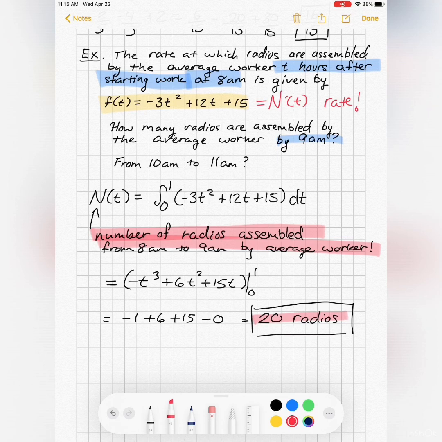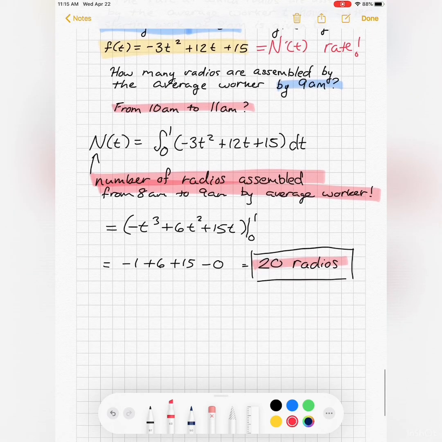Okay, and there was one more part. It said, what about from 10 a.m. to 11 a.m.? Okay, so that's the same thing, but now I'm integrating from, let's see, 10 to 11.